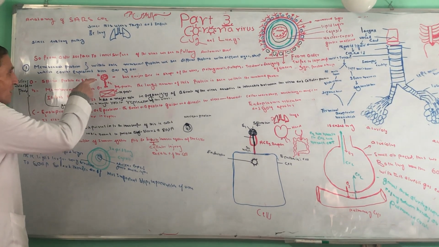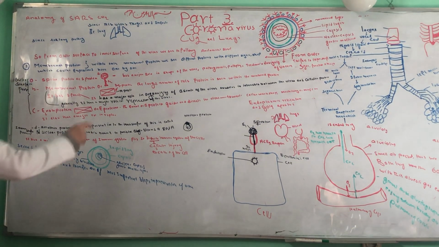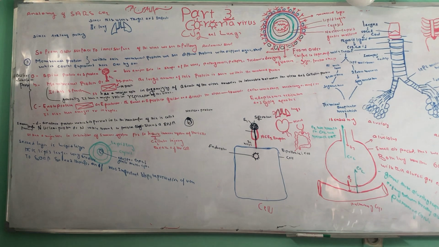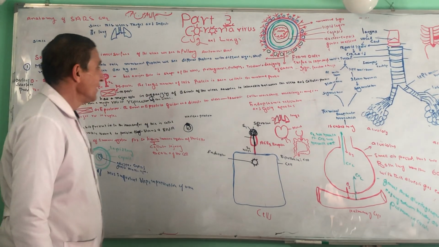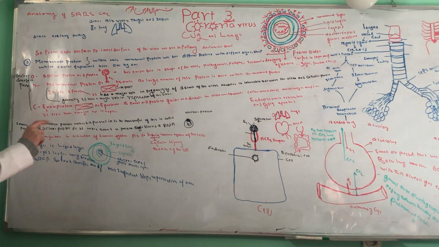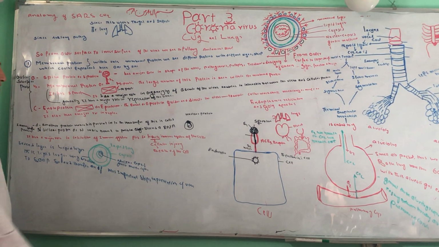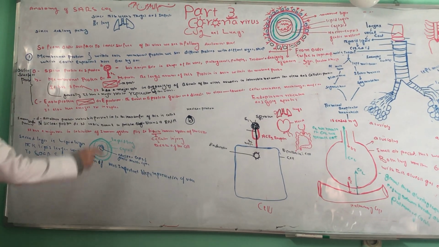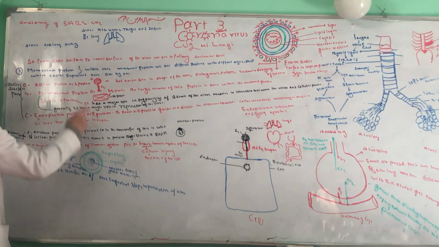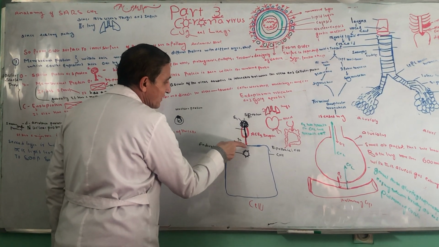One is part 1, another is part 2. Part 1 of the protein binds to a special receptor which is called the S2 receptor. This spike protein is made from two parts, S1 and S2. S1 binds to the S2 receptors, and S1 and S2 help the virus to enter or to diffuse into the cell membrane.